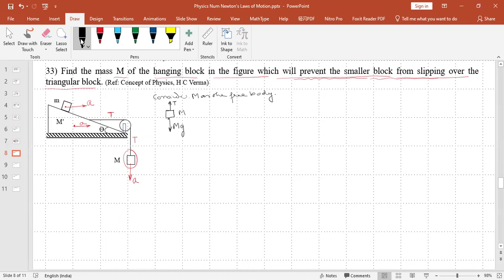Since it is going down with an acceleration A, downward force capital Mg minus upward force T is equal to its mass capital M into A. From here, we find that T is capital Mg minus capital M A. This is one equation. Let us preserve this equation.